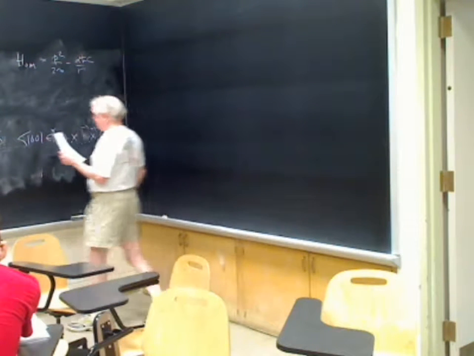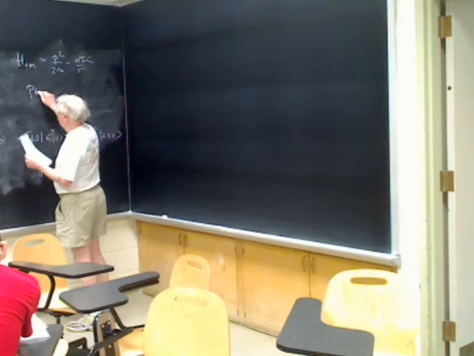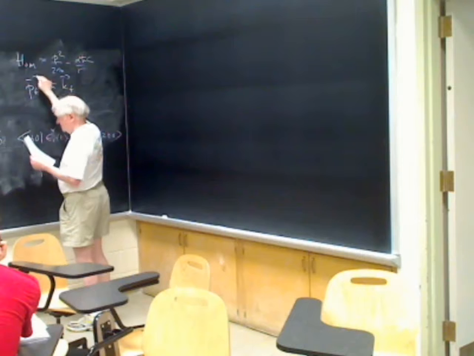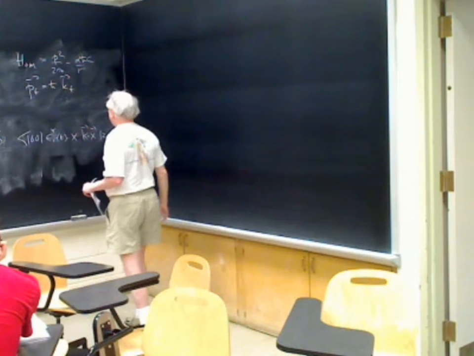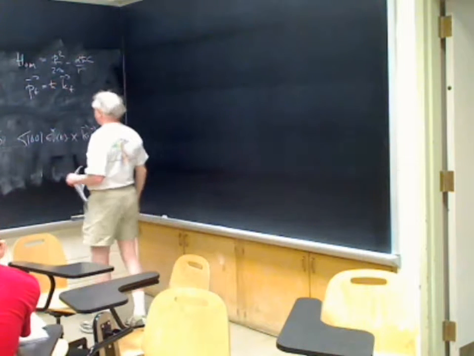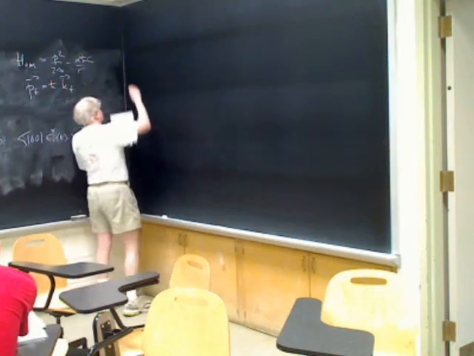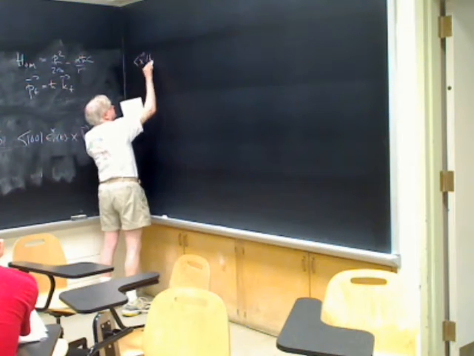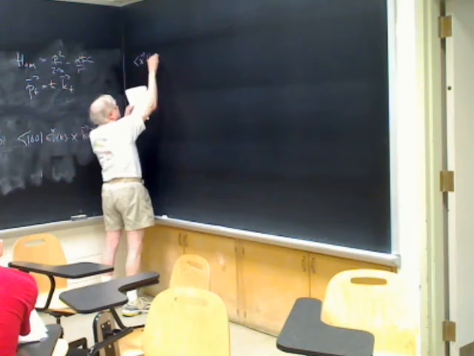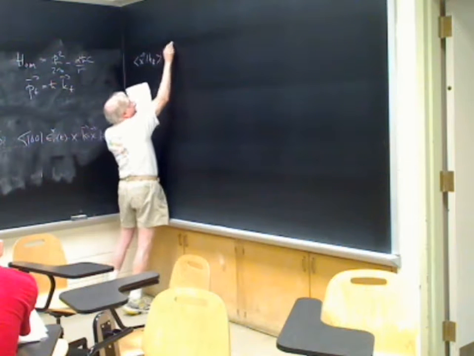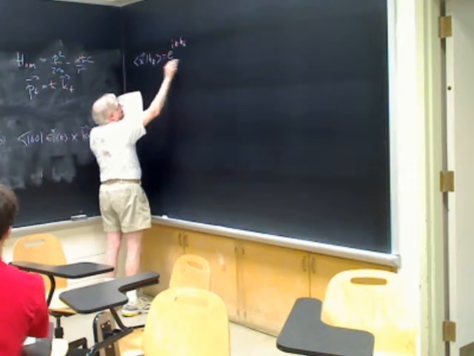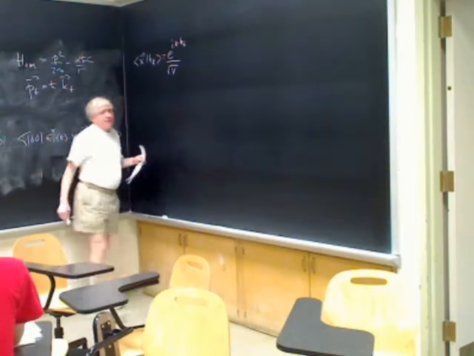Now the final state is going to be pf, which is h bar kf. So this is the final state electron. And we can write this final state electron as a plane wave: x|kf is e to the i x dot kf over square root of V. So here it's normalized.